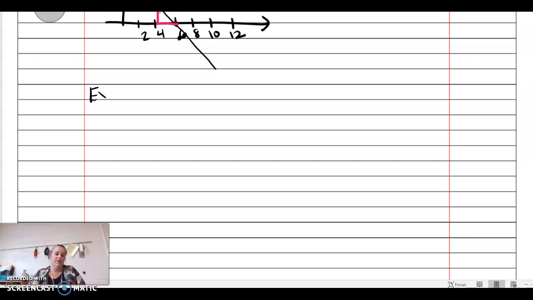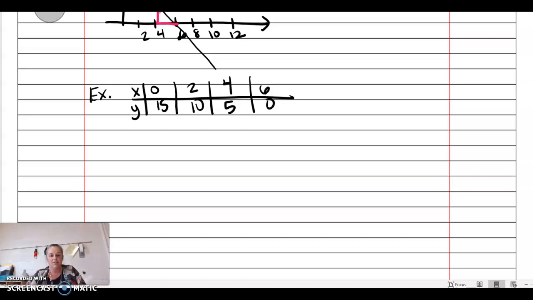You can see that here in the table as well. Zero is 15, 2 it was 10, 4 it was 5, 6 it was 0.